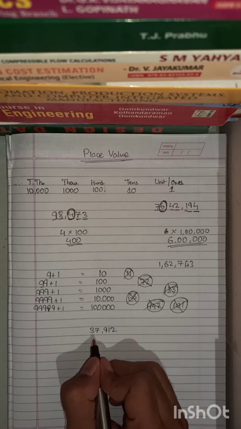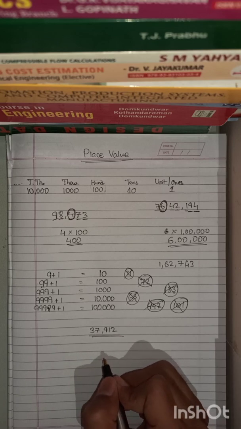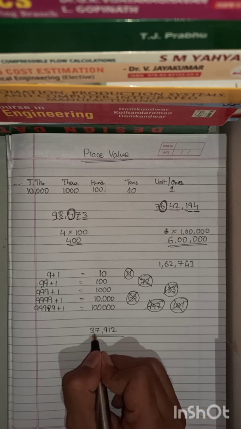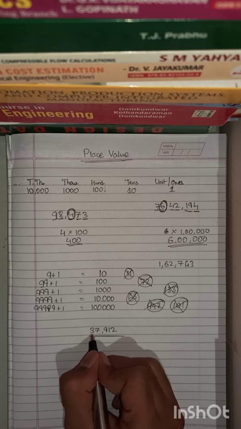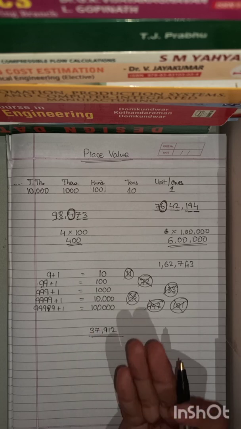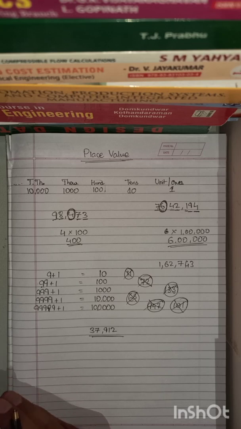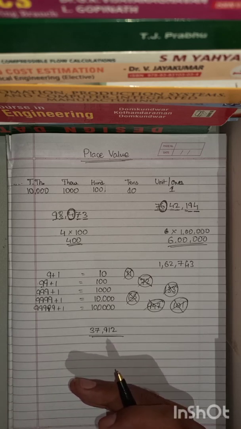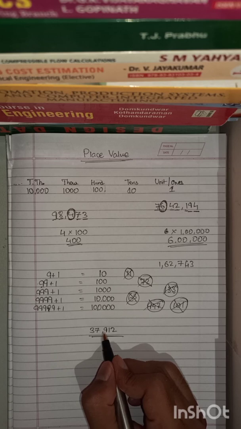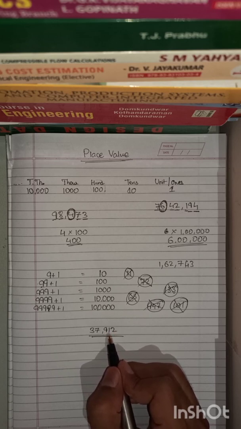If I'm going to ask anybody to pronounce this, what they are going to do is, firstly, you take all the numbers on the left hand side of the comma and pronounce them together, add thousand to them, and then pronounce all the numbers on the right hand side.